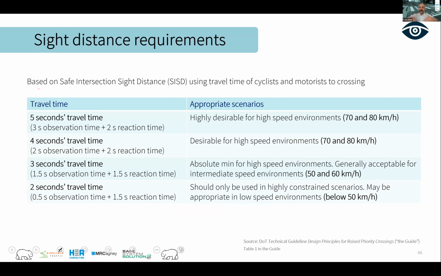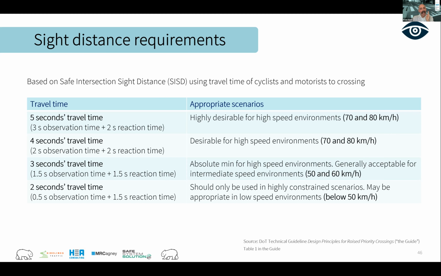So this approach is founded on a principle of mutual sight distance. In conventional road design, you talk about it as decision time. It's put here as travel time, but we're thinking about enough time for a driver to react, but also the cyclist to react.